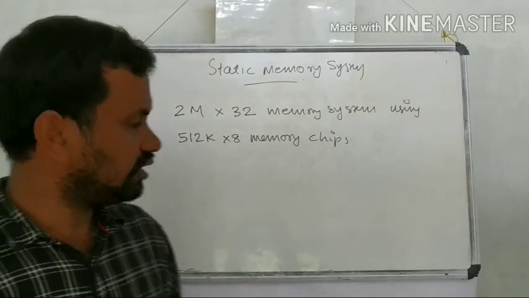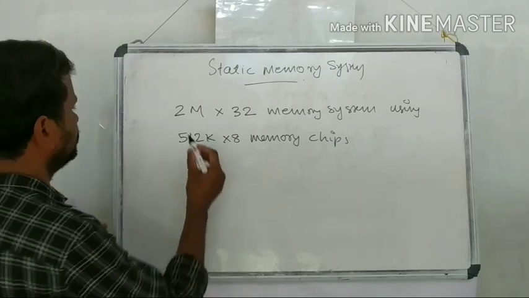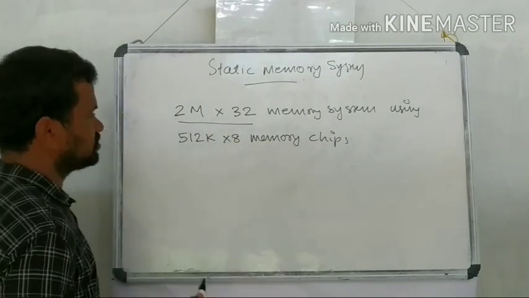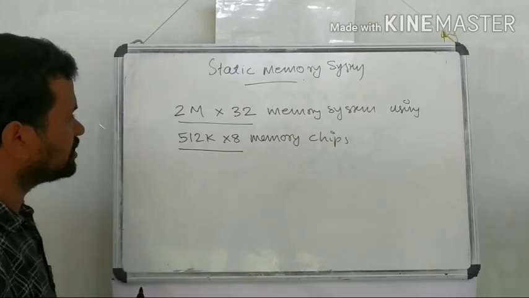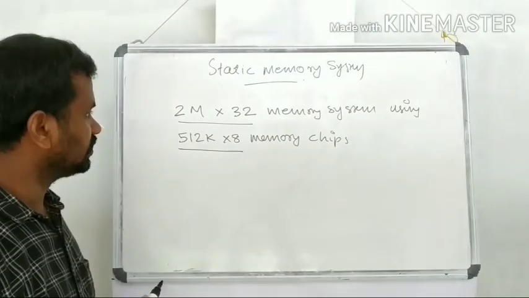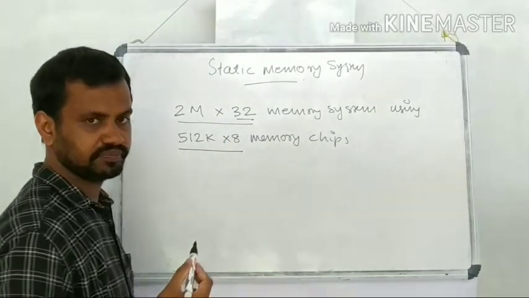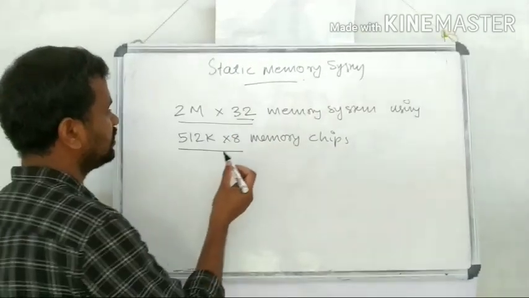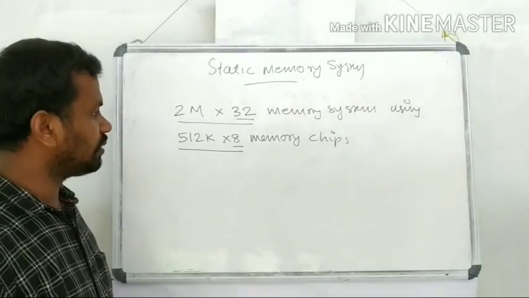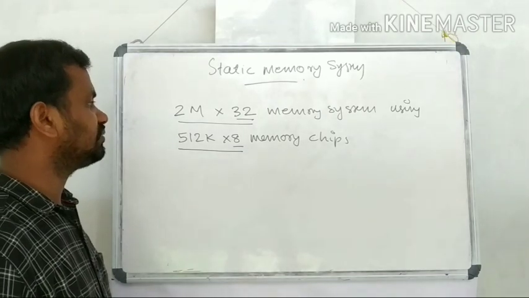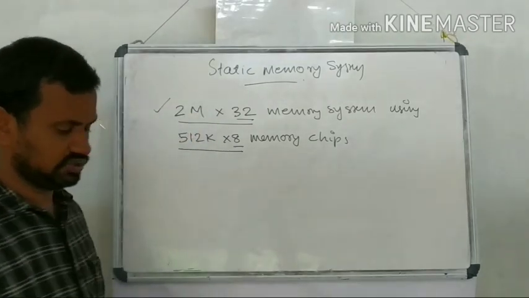So we have to discuss how to form a 2M into 32 memory system using 512K into 8 memory chips. Here the word size is 32 bits and our memory chip has a word size of 8 bits. How to combine 512K memory chips to form this large memory system?